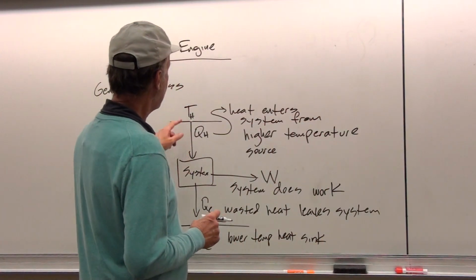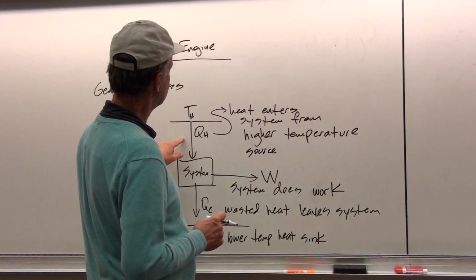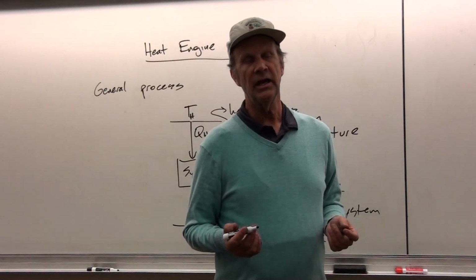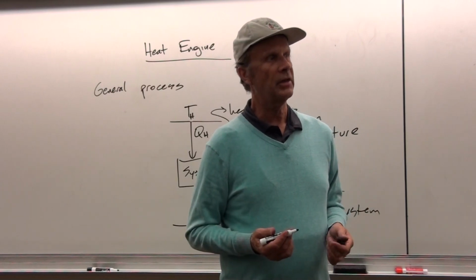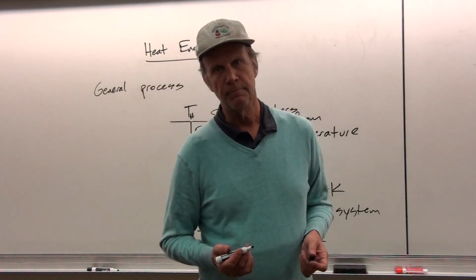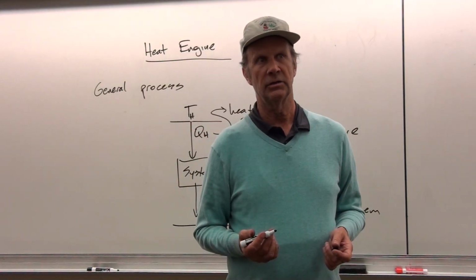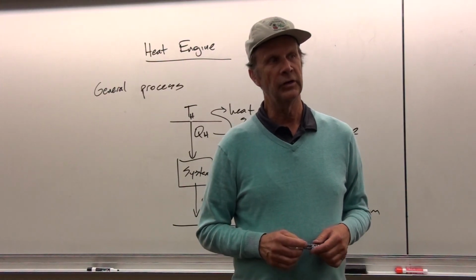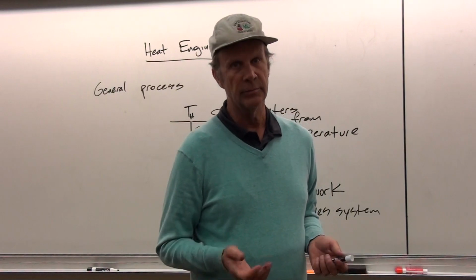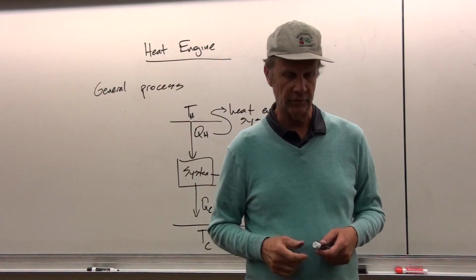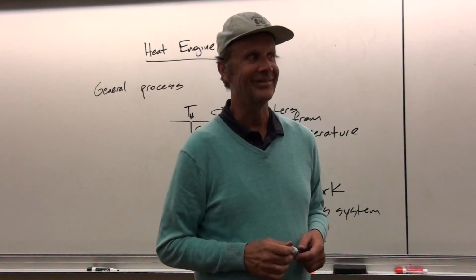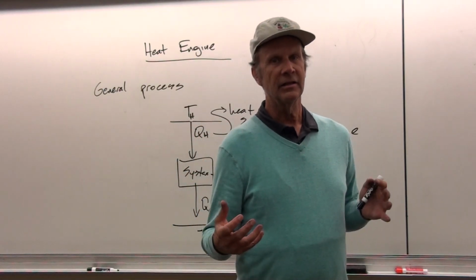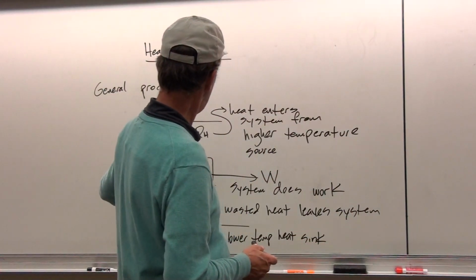Or you could have this heat that enters the system from a higher temperature be the radioactive decay of uranium into radioactive decay products like cesium and strontium and things that are also radioactive. But in that process of the heat leaving that system, it can do useful work.